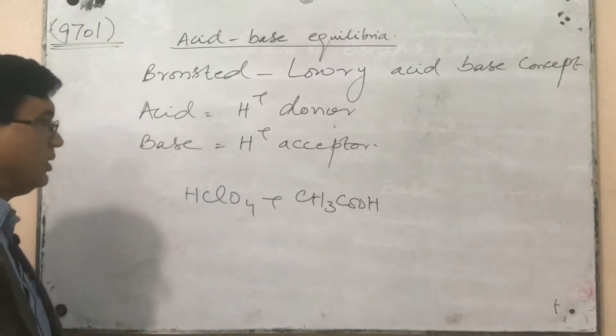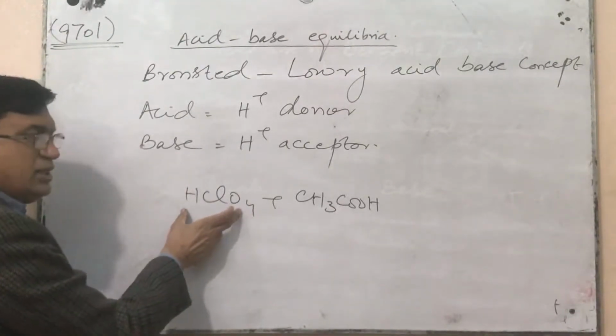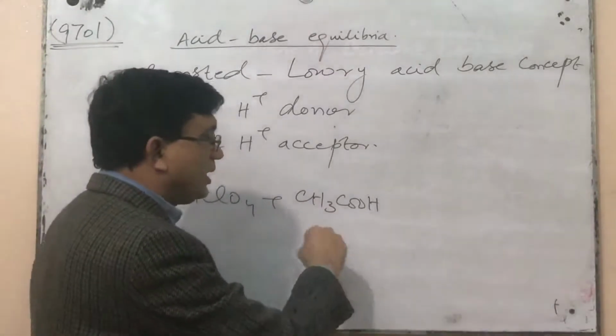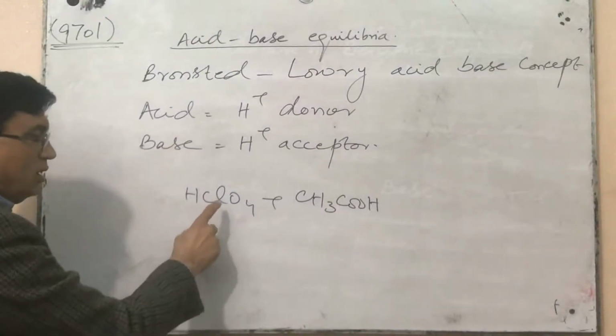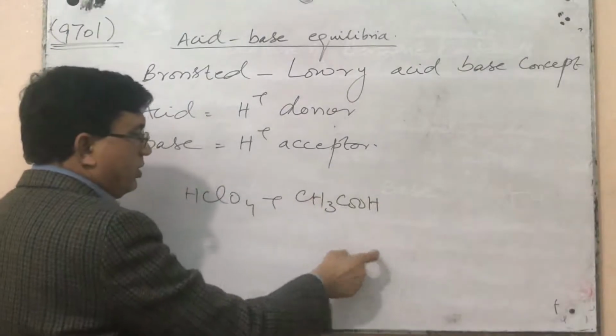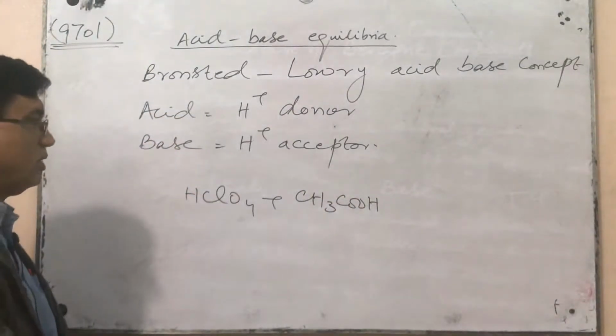acid, what will happen? Both of these are acids, but the percentage ionization of HClO4 is much more as compared to ethanoic acid. That's why this acid will give a proton and ethanoic acid will accept the proton.